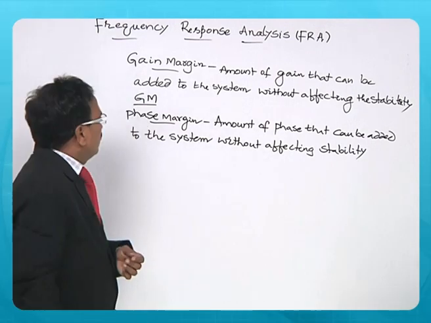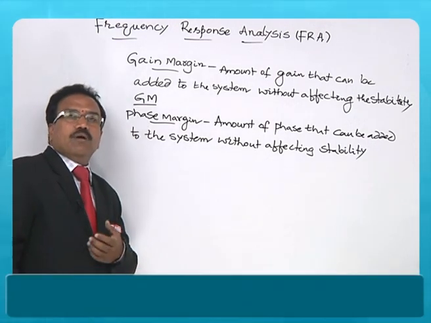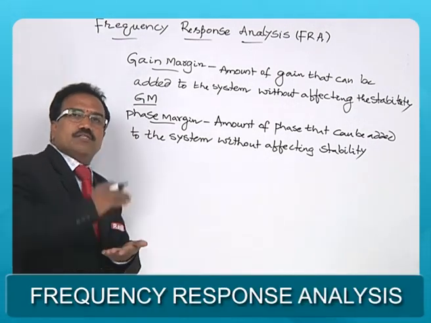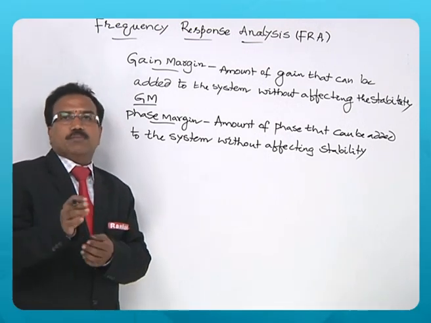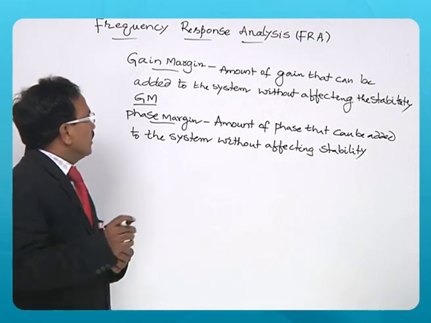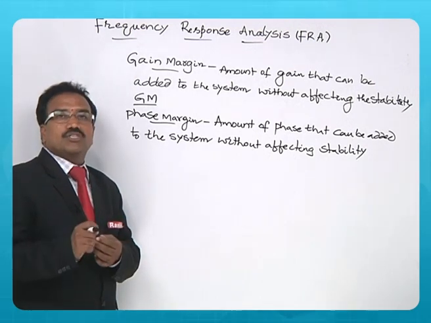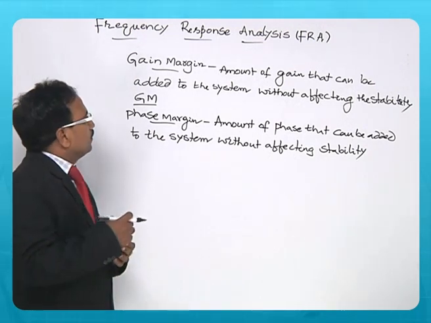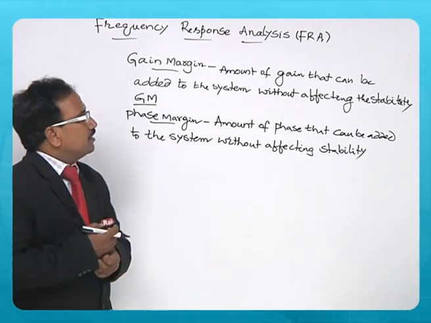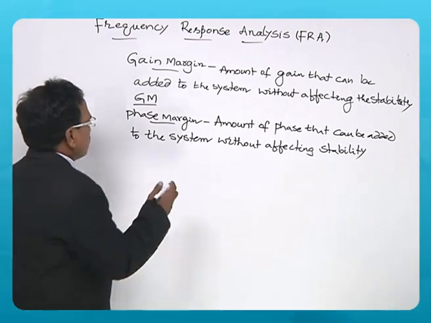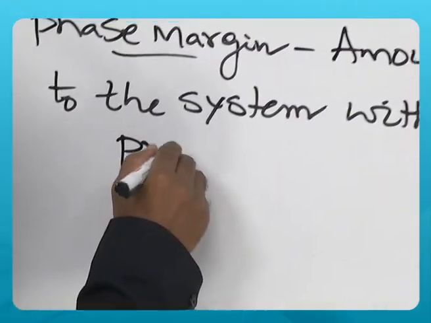That means if you add some amount of phase angle, then the system goes to the verge of instability. Beyond that, you are not expected to go. So what is that limit and what is that marginal value? We will come to know phase margin and gain margin, important terms in frequency response analysis. This phase margin is represented by PM.